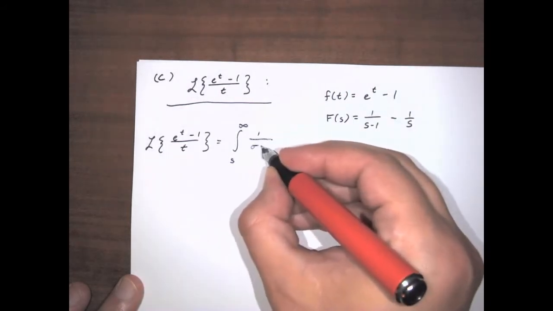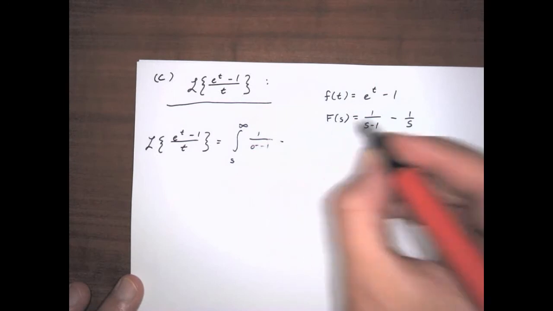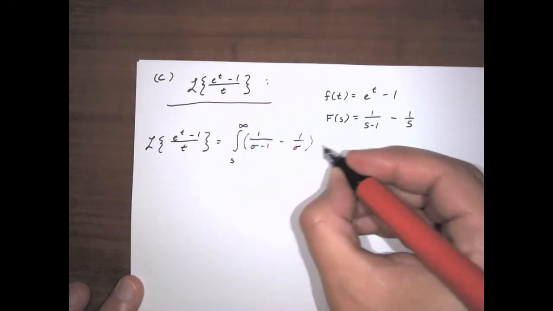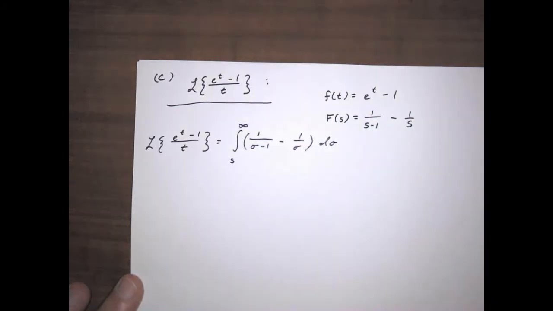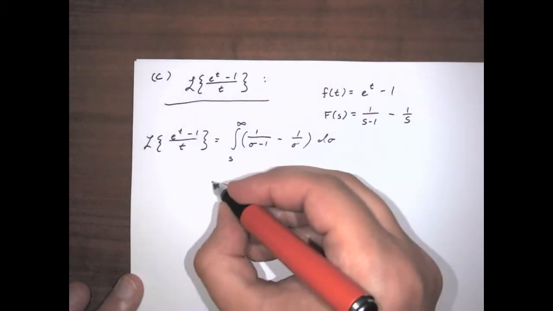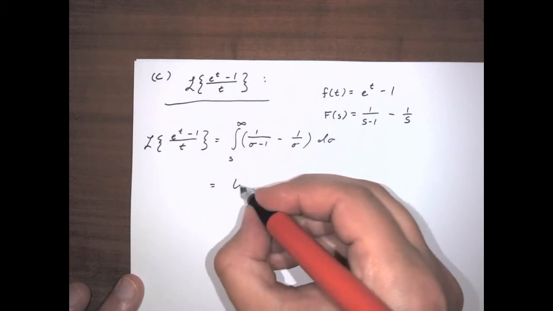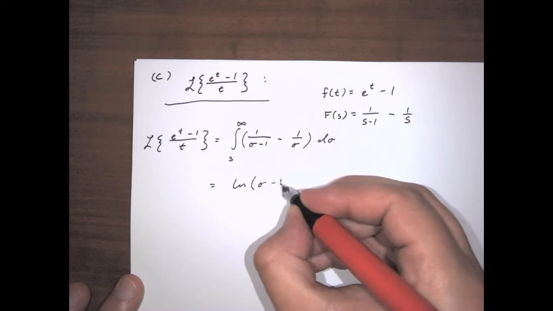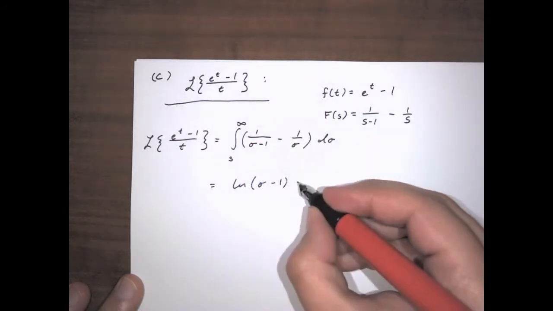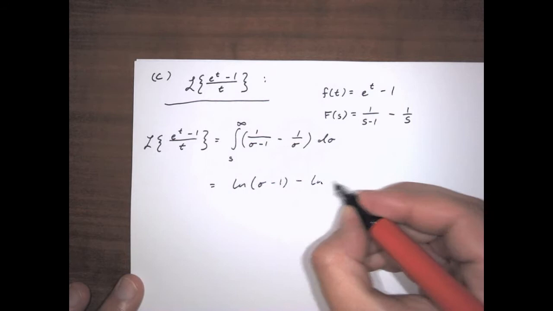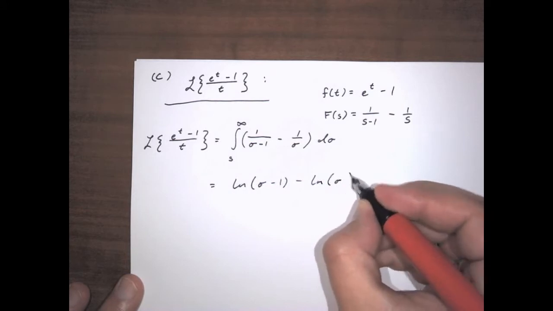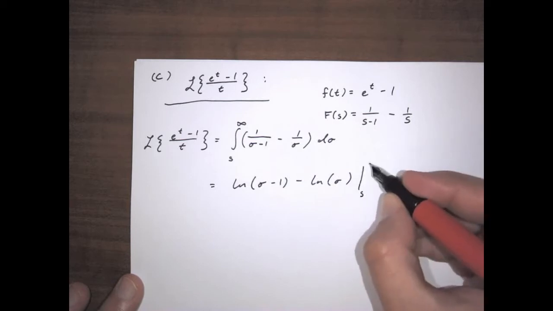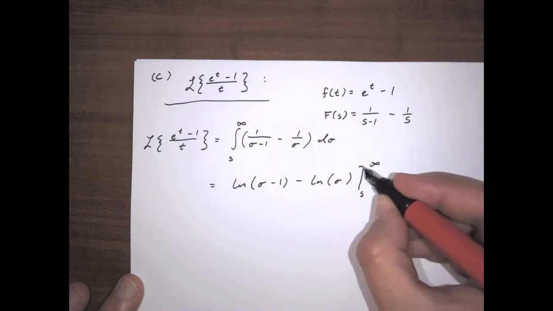So 1 over sigma minus 1 minus 1 over sigma, the integral of that with respect to sigma, so d sigma. So this is going to be equal to the natural log of sigma minus 1 minus the natural log of sigma. And we're going to be plugging in s and infinity.